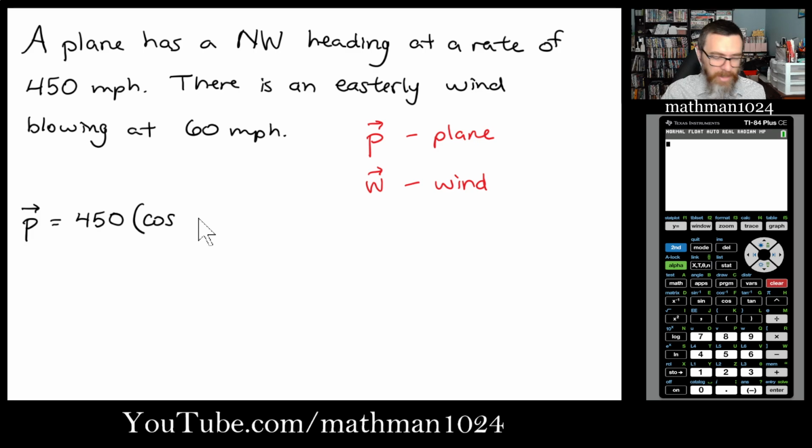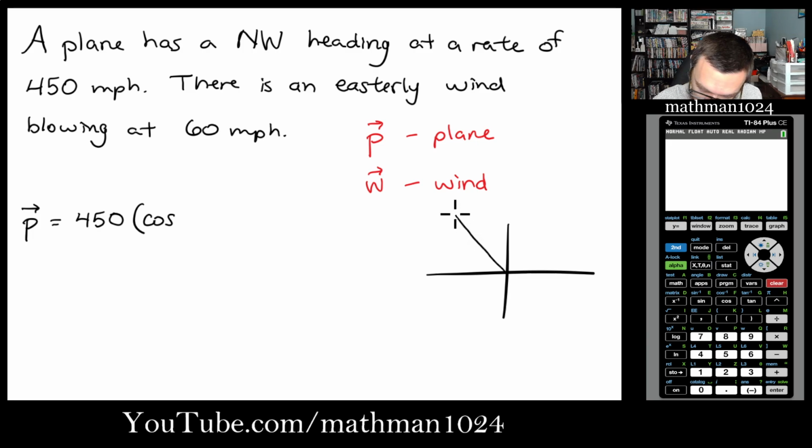Now, it might be good to draw a picture to make sure that we were going in the right direction, right? So if we draw a quick little diagram here, my plane has a northwest heading. Make sure I know my directions here.